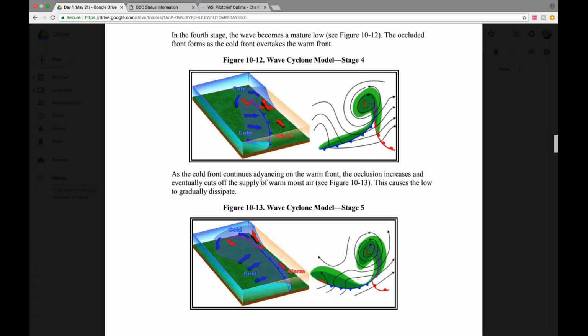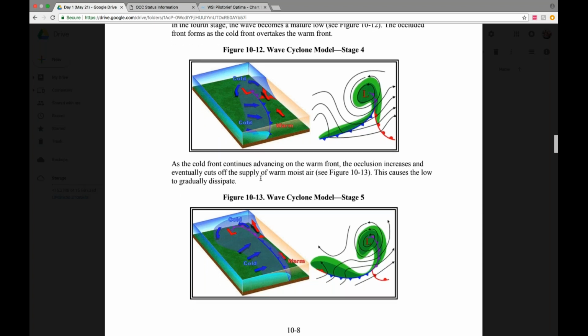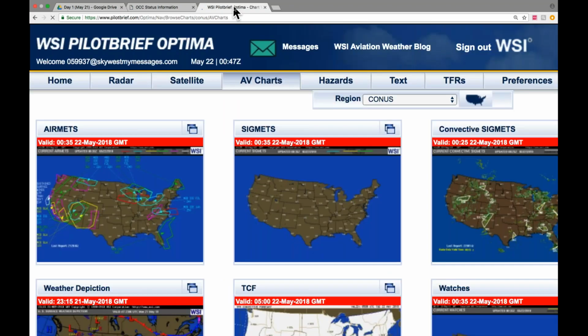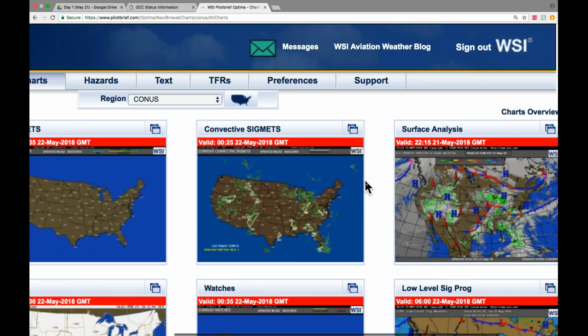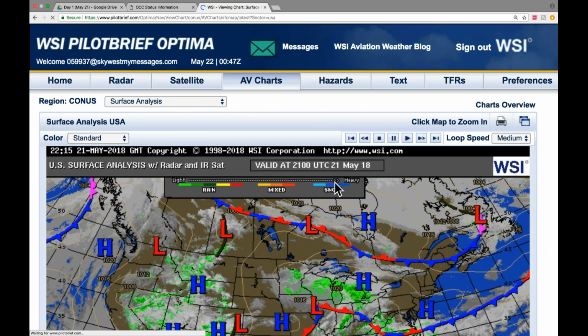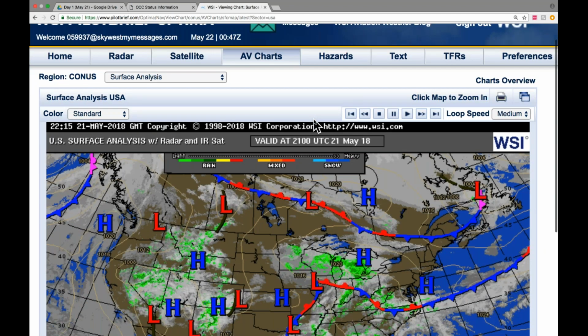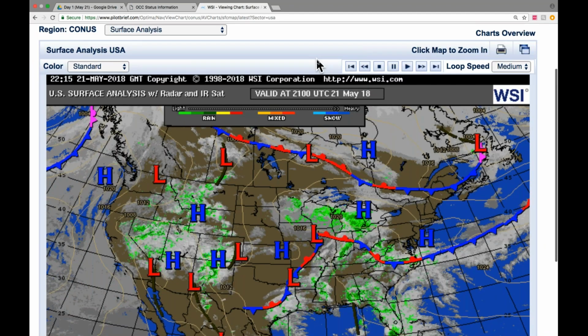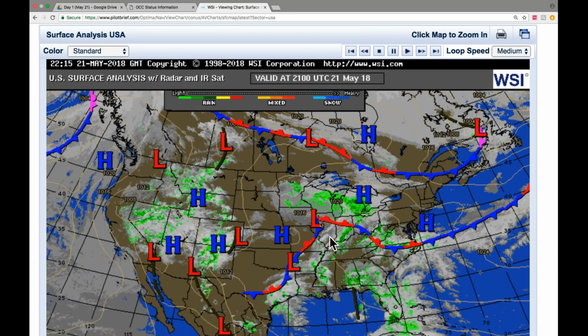So again, part of the reason why learning these fronts and how they act with one another is so important is because we need to be able to look at these charts and understand where we're going to be seeing weather happen, about how far out we can guess it's going to be happening.